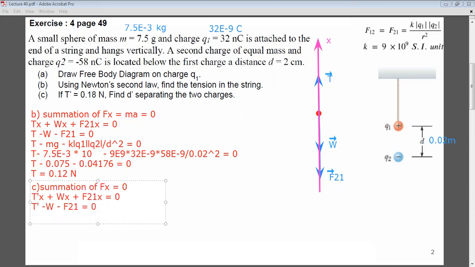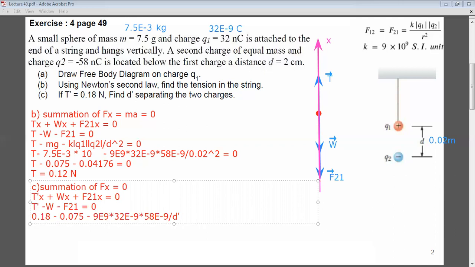So now T prime is 0.18 minus 0.075 minus F21. Now this is 9 e to the 9 times 32 e to the minus 9 times 58 e to the minus 9 divided by the distance.